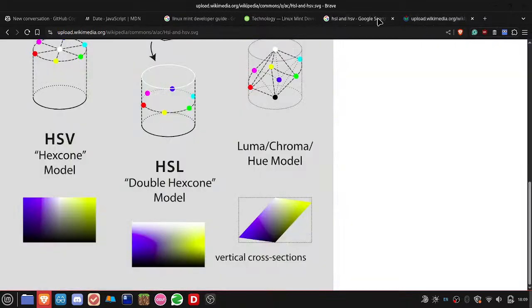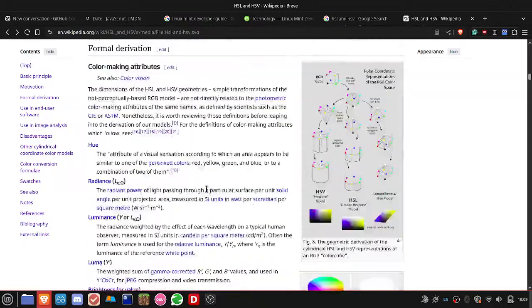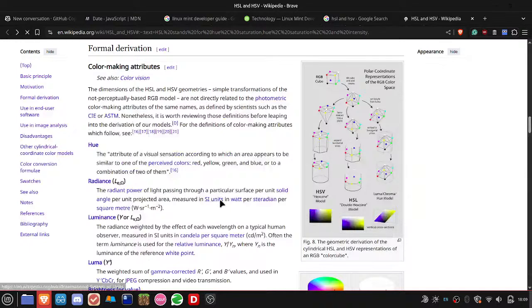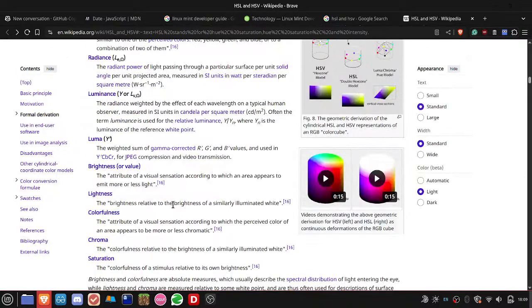What is the difference between lightness and... wait. Okay. Hue, radiance, luminance, lightness. Brightness relative to the brightness of a similarly illuminated white.